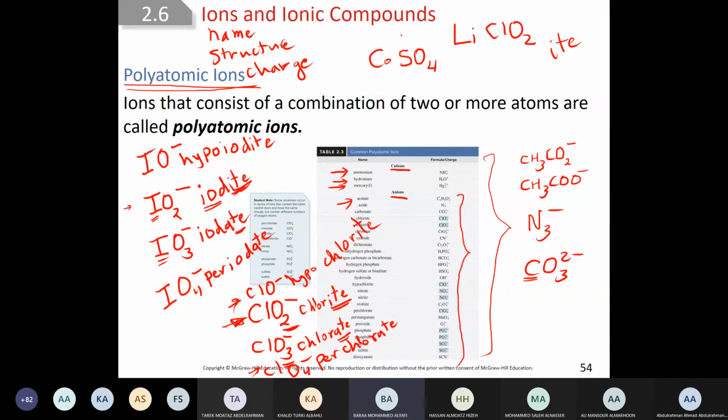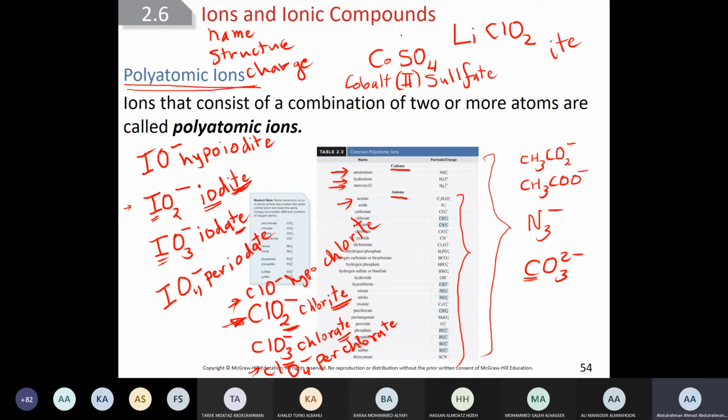Cobalt sulfate. Cobalt 2 sulfate, because it's a transition metal. Sulfate. Don't forget the name, sulfate. Is this clear?